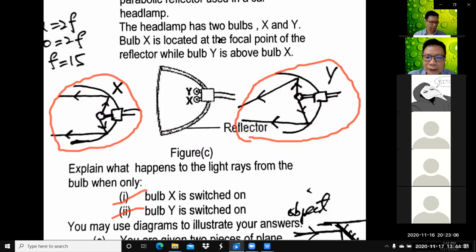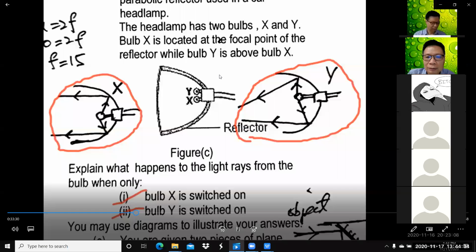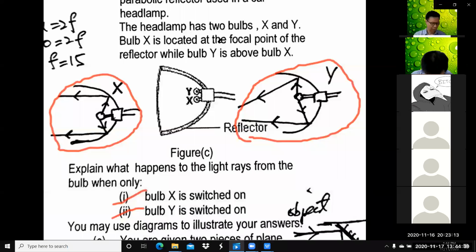Draw the diagram Y, this diagram for the bulb Y. Finish or not?